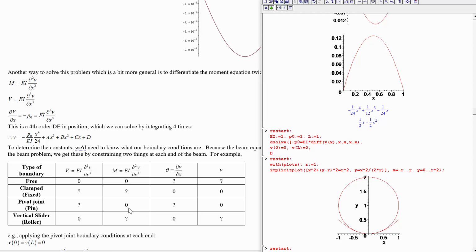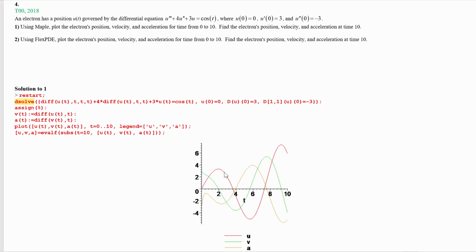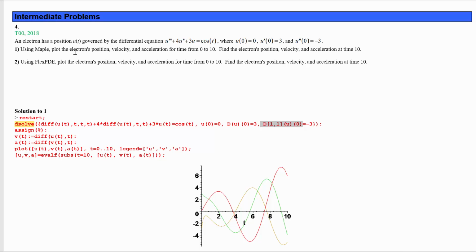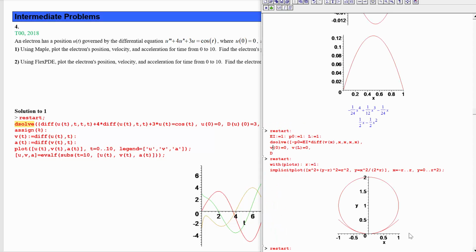So this means D, the syntax for multiple derivatives in dsolve showing up here in one of the other questions from the first week. D, we'll use square brackets 1, 1 to say with respect to its first variable. So the third derivative, D[1,1,1] of v evaluated at 0 is equal to 0.